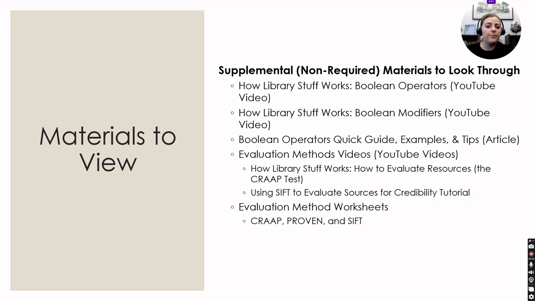Also, we have our supplemental materials, so the How Library Stuff Works videos of Boolean operators and modifiers, so that's the AND, OR, and NOT, as well as some additional materials there with the operators and modifiers. We also have our quick guide examples and tips article for Boolean operators. We have our evaluation methods model videos, so if you need a little bit more information on the CRAP test or the SIFT model, look through those. And then we have our evaluation method worksheets that you can look through as well.